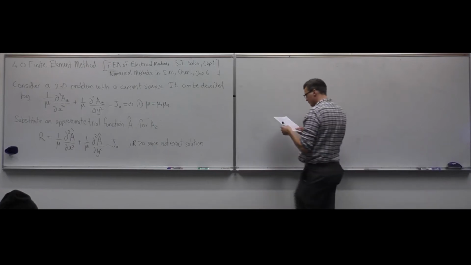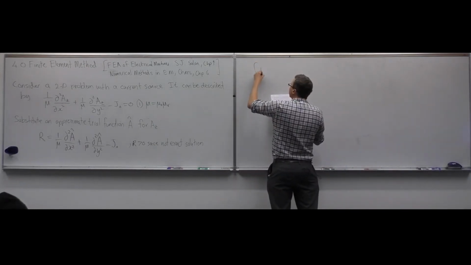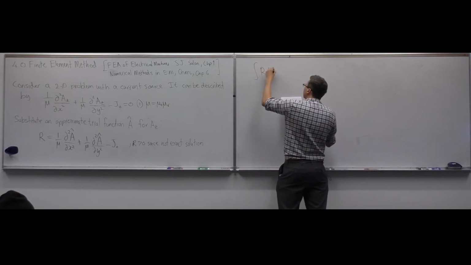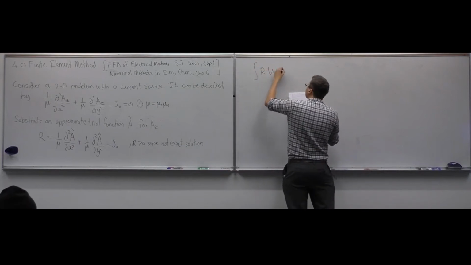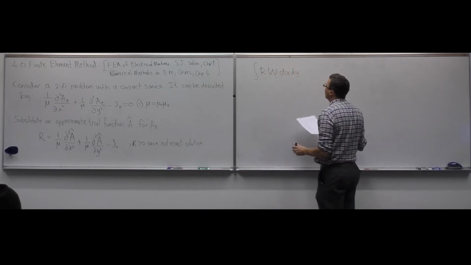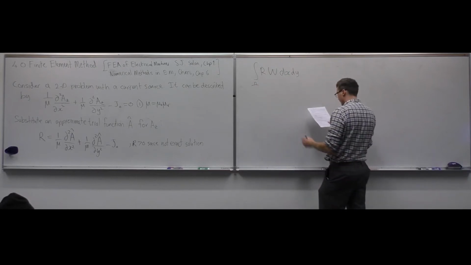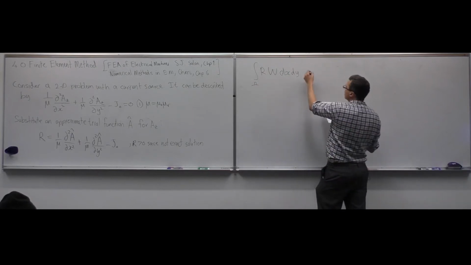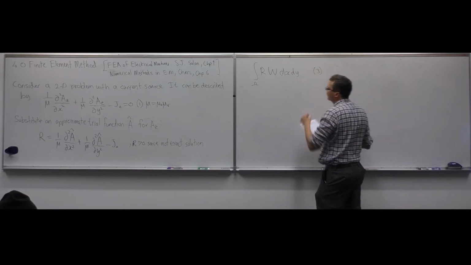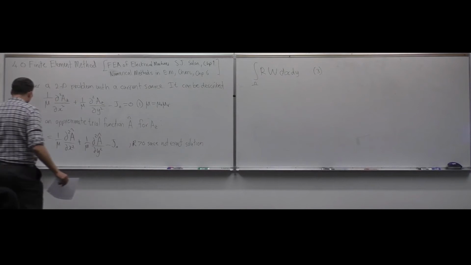We've got the residual, the weighting function, and since it's 2 dimensions, we have to do a surface integral over the problem domain. This is equation 3. So the residual equation is equation 2.